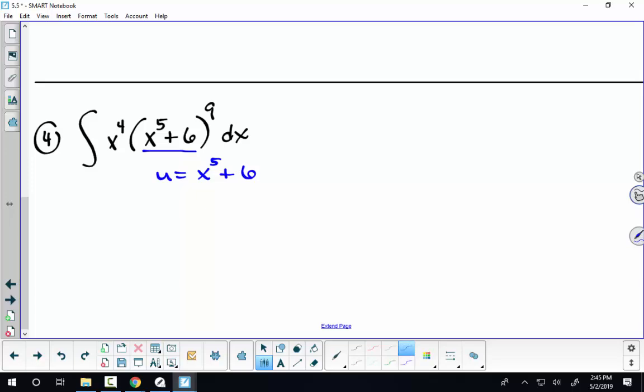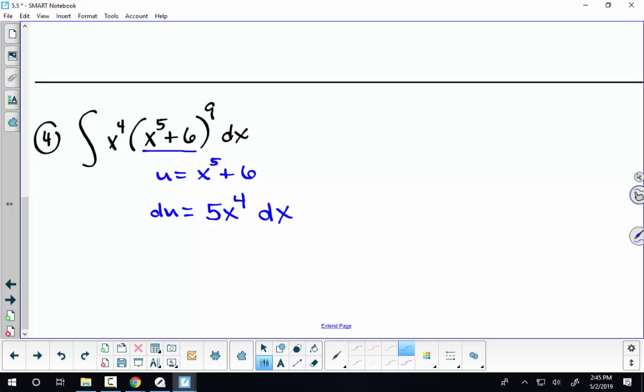So if u is x to the 5th plus 6, then du is 5x to the 4th times dx. But again, if I just put the du in, then I'm putting a 5x to the 4th dx back into this, while I only have an x to the 4th and a dx.